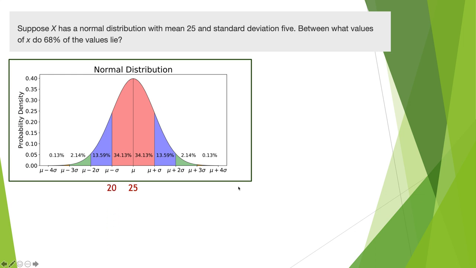If I go down 5, I get 20, the mean minus 1 standard deviation. The mean plus 1 standard deviation is 30. And in between the 20 and the 30 is the rose-colored shaded region, which is 34 and 34, 68% of the values. Okay? So the answer would be between 20 and 30.